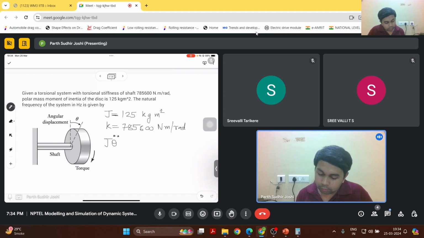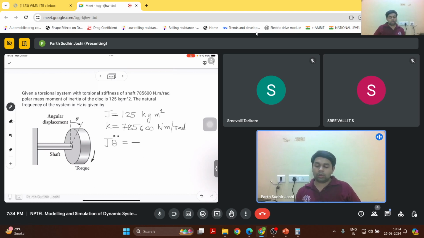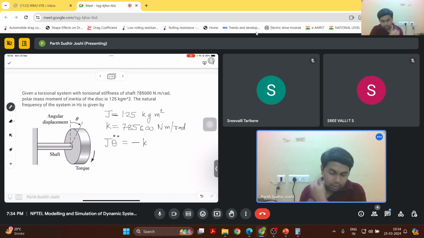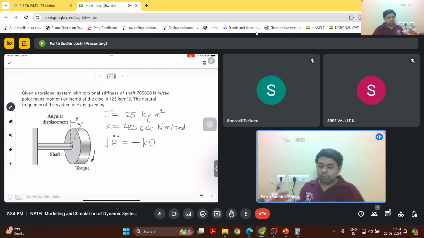And since we are given that the torsional stiffness is K, the torque applied by the shaft onto the disc will be opposite to the angular displacement.